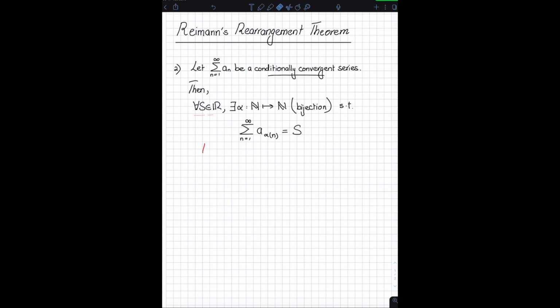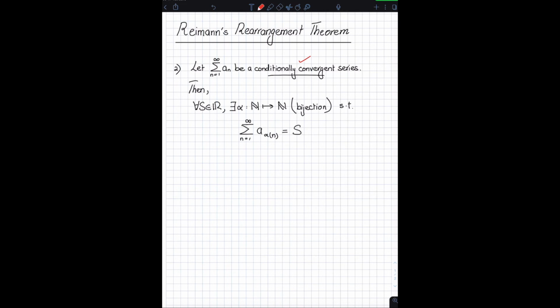Okay, so this is the theorem, and why is this theorem so important? It's because it shows us that conditionally convergent series are not commutative. In other words, if I add them up in different orders, I will get different sums. In fact, this is only part 2 of the Riemann's rearrangement theorem.